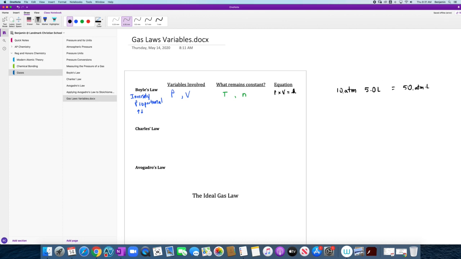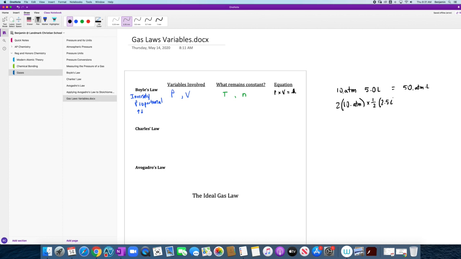But what happens if you double or triple that pressure? Let's say if you double the pressure, right? So if we had 2 times 10 atmospheres and we double the pressure by pouring in some extra mercury into that device that Robert Boyle had designed, he would have seen that we get 1/2 the volume.